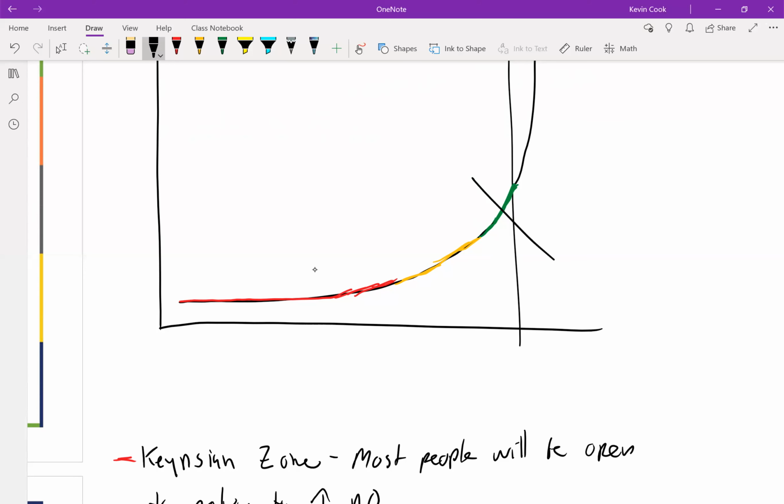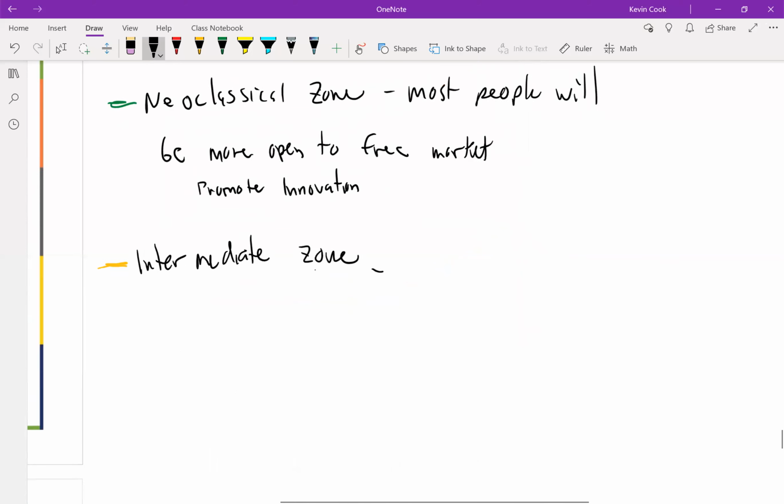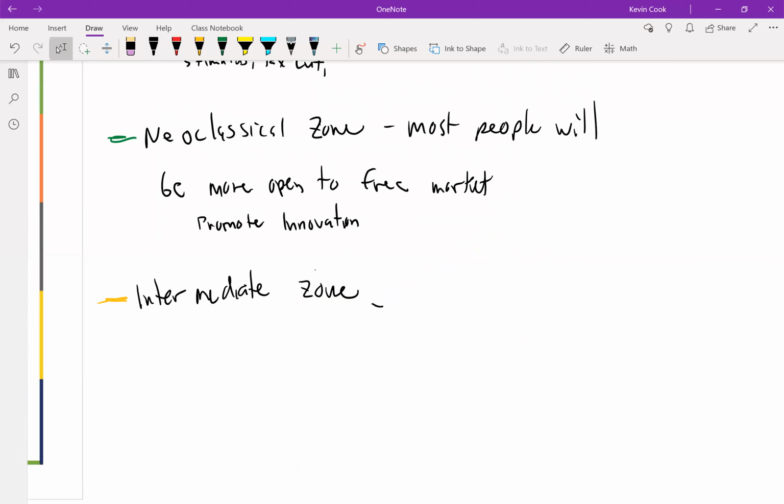I'm not going to go to the doctor unless I have a physical already scheduled, and I'm not going to go into urgent care when I'm feeling fine. That's what we see in the neoclassical zone. But where most of our debate is, is in this intermediate zone. And the intermediate zone, as you can imagine, is between the neoclassical and the Keynesian.